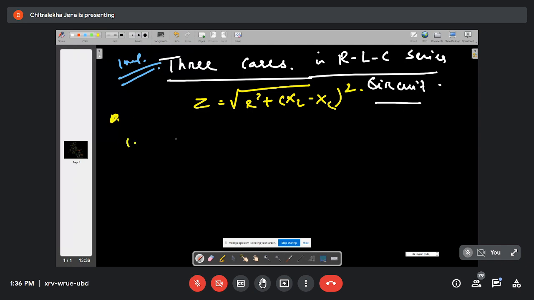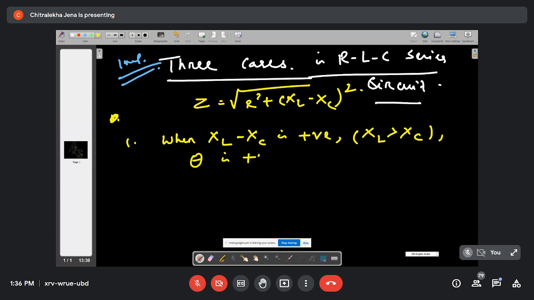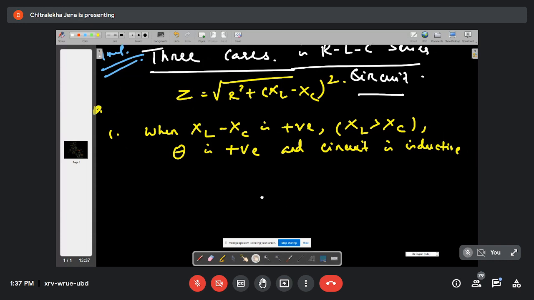Now coming to the first case, when XL minus XC is positive. That implies XL is greater than XC. What happens to your theta? Theta is positive. And what about the circuit condition? Inductive, very good. Circuit is inductive. XL is greater than XC.